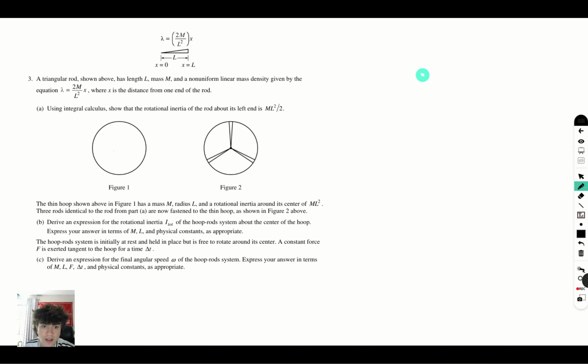Alright guys, so we know that the formula for inertia is the integral of x squared dm, and what we want to do is find dm in terms of dx.